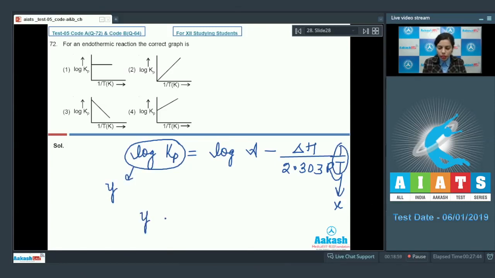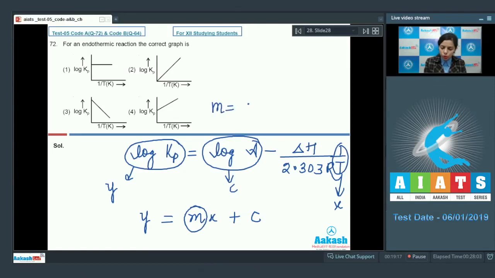Let's compare this with the equation of straight line, that is y is mx plus c. It means this log A is representing the intercept here, while m is the slope of this graph, and that is equal to minus delta H upon 2.303 R, and this slope is negative.